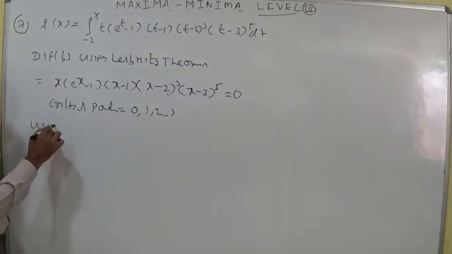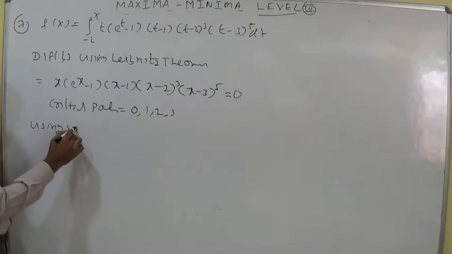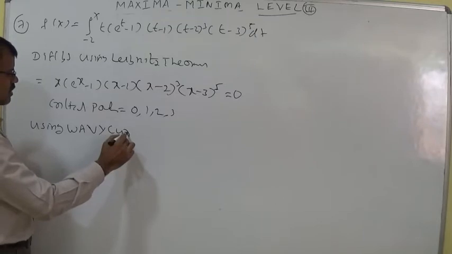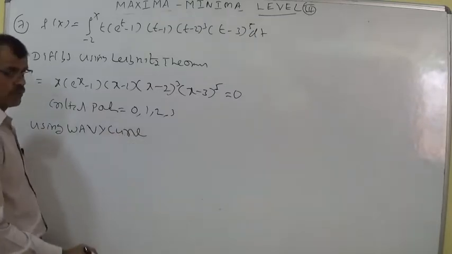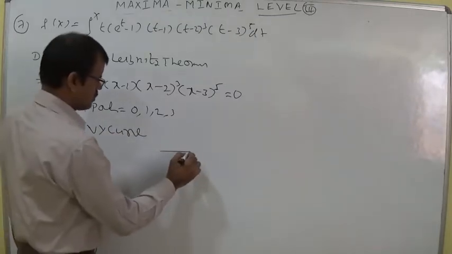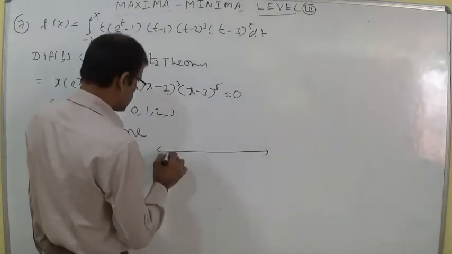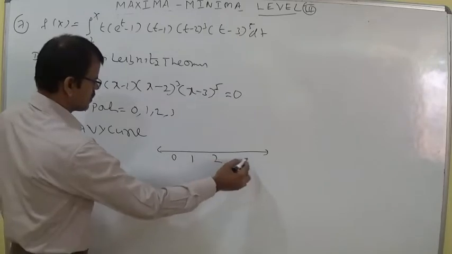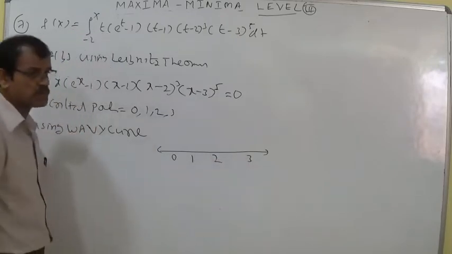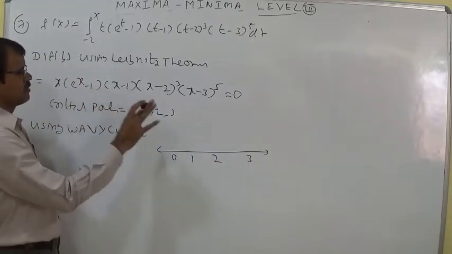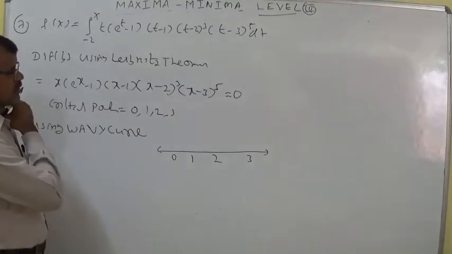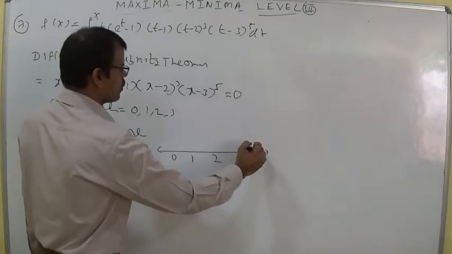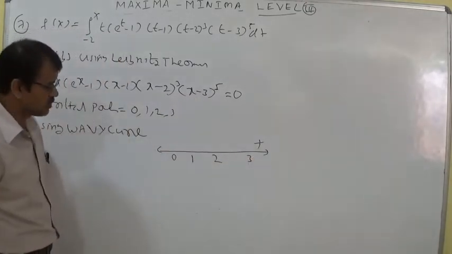Let us discuss the characteristic of the graph using the wavy curve. Let us write the critical points here: 0, 1, 2, 3. Substitute a value more than 3, say 4. Because 4 is positive, of course everything is positive, so above 3 it is positive.